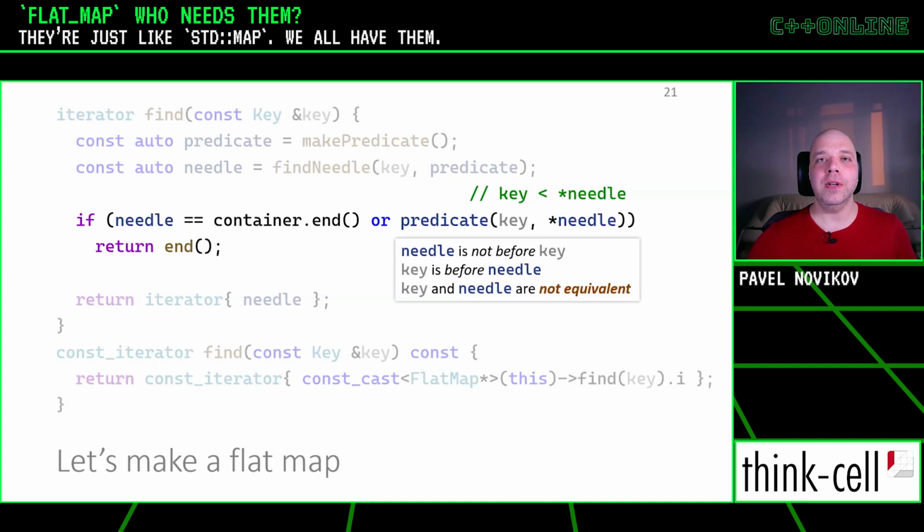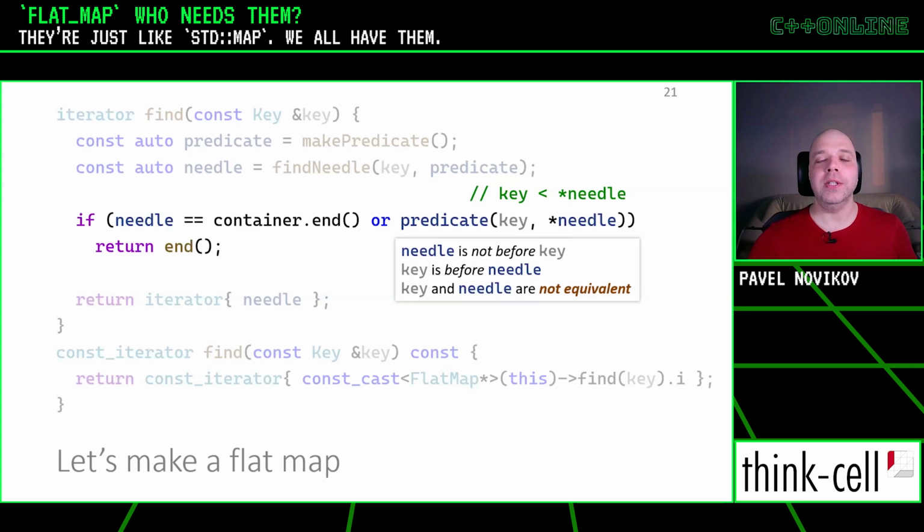Otherwise, if the needle is not equal to the end iterator of the container, we check whether the key is before the needle. If that's true, we have that the needle is not before the key, as guaranteed by the lower bound function that is called inside find needle.